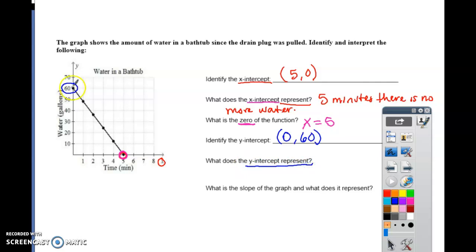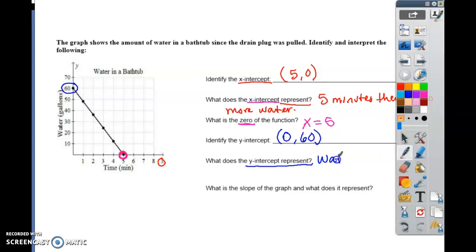What happened right there? ¿Qué pasó? Not here. Okay, right here. Empezó. This is where it started. This is the initial amount of water in the tub. So this is the amount of water in the tub when it started, before it started draining.